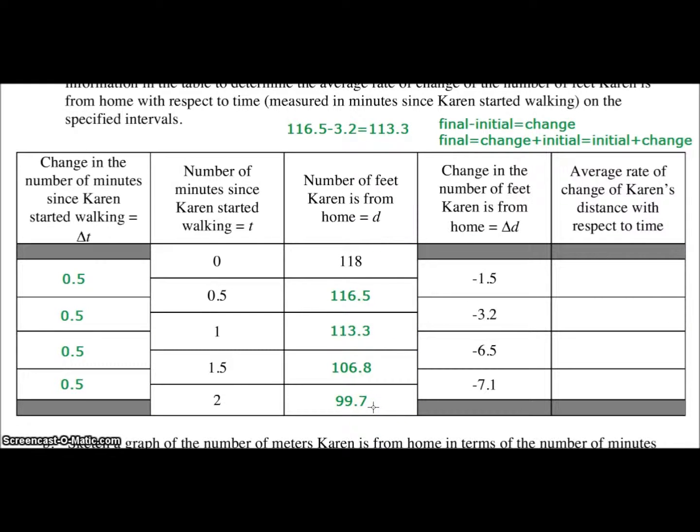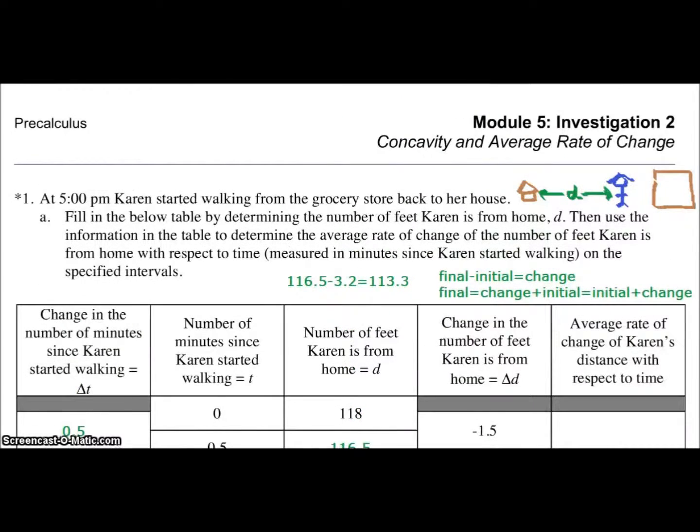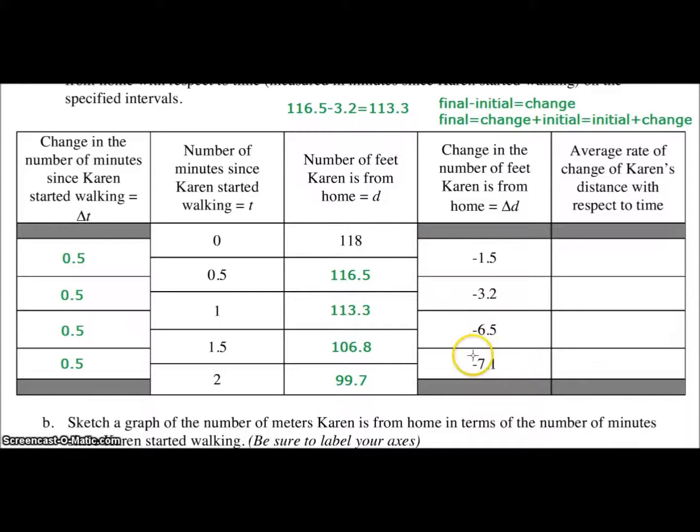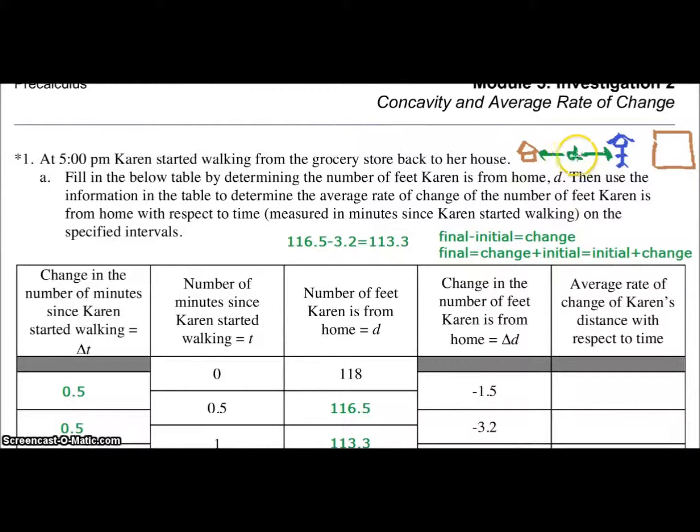So that negative is just because this distance is decreasing. Although she is getting closer to home, her speed is increasing. That's why this is getting greater, but the negative just signifies that this is shrinking here.